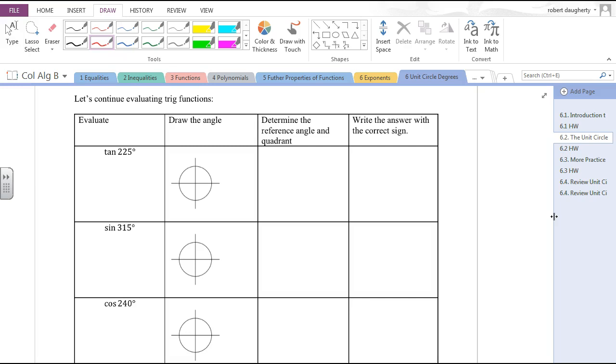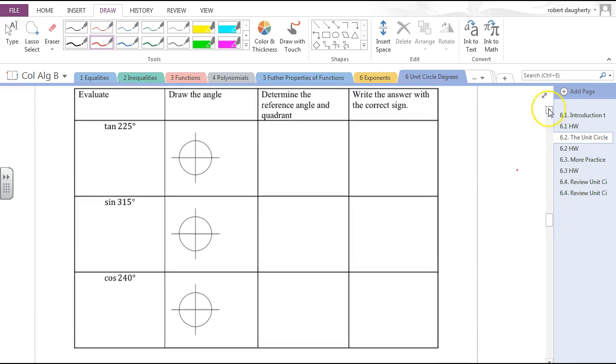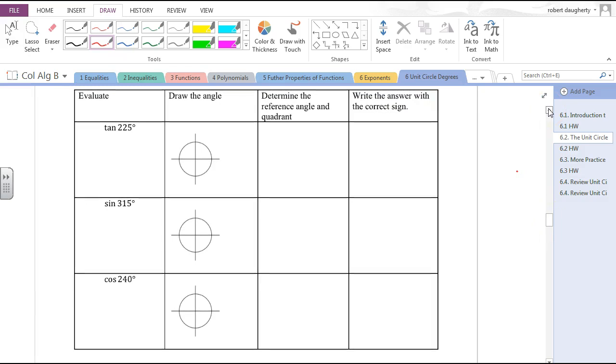So let's evaluate these trig functions. Tangent of 225 degrees, first step is to do what? Draw the angle, okay? 225 degrees. If that's 0, 180, where's 225 going to take me? Which quadrant? Third quadrant, right? So I come over here.